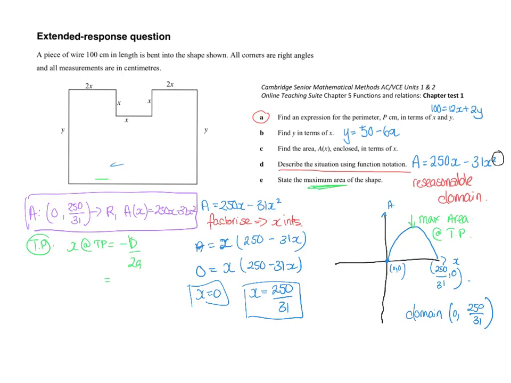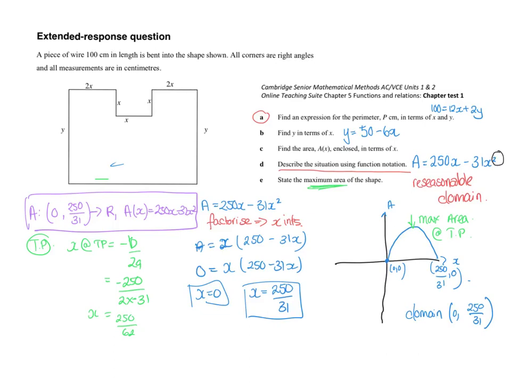So in this case it's negative 250 over 2 times negative 31. So we end up with a positive, so we get positive 250 over 62. That's x at the turning point.